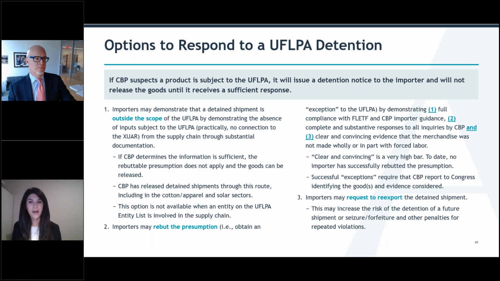And finally, as a third option, importers can request to re-export the detained shipment. And while this may get your shipment immediately released, this also can increase the risk of future detentions, as CBP may believe that the importer was unable to furnish the supply chain documentation necessary. And go on to the next slide.